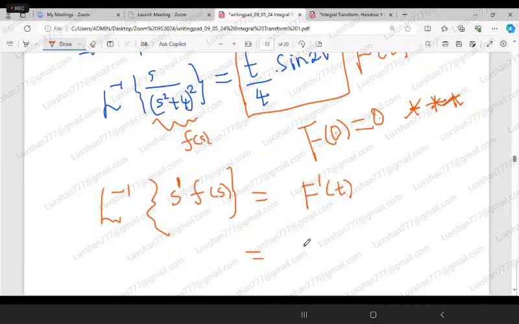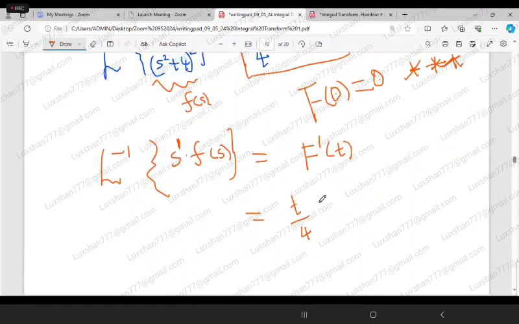If you differentiate this using the UV form, t by 4 into the derivative of sine 2t, that becomes 2 cos 2t, plus the derivative of t, which is 1, giving 1 over 4 sine 2t.